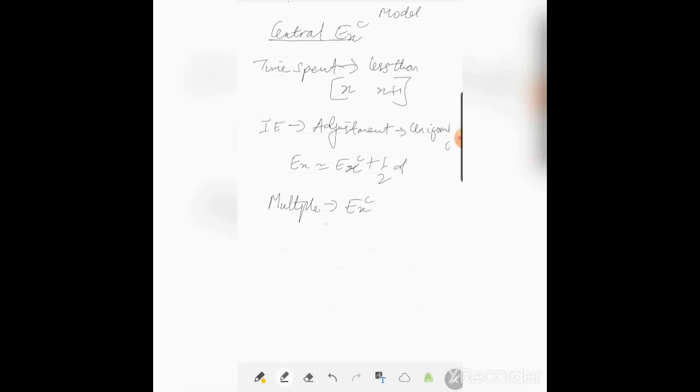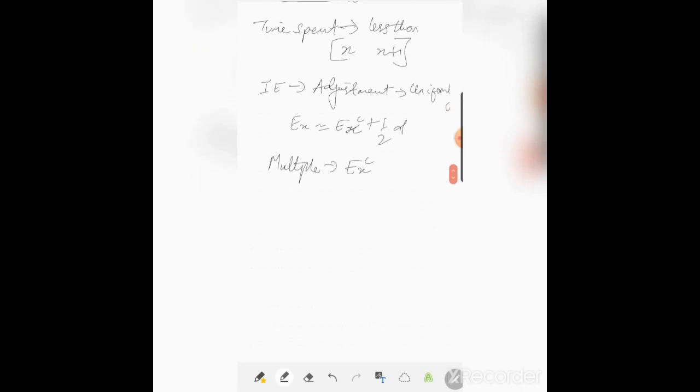But the initial exposed to risk cannot be used there because it's used in the single decrement model. So from all these dimensions, it is very clear that the central exposed to risk becomes a much more important factor compared to the initial exposed to risk, because the calculation of central exposed to risk comes directly from the data.